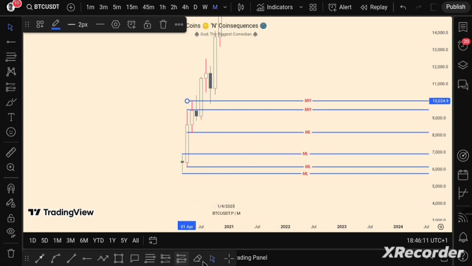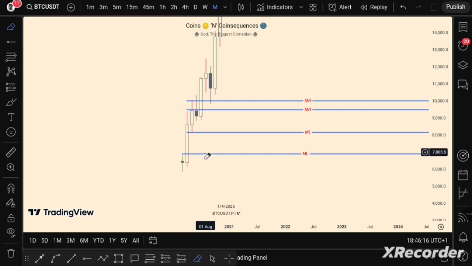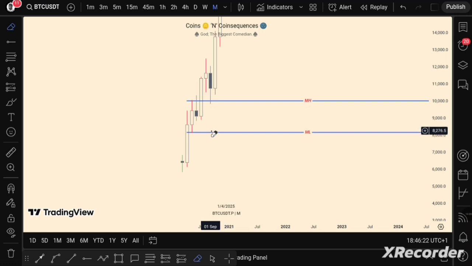Okay, let's move forward. I'm going to delete this now, which I believe by now you already understand your highs and lows per candlestick.